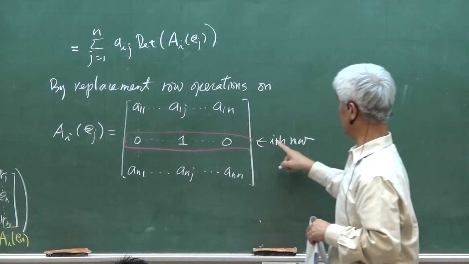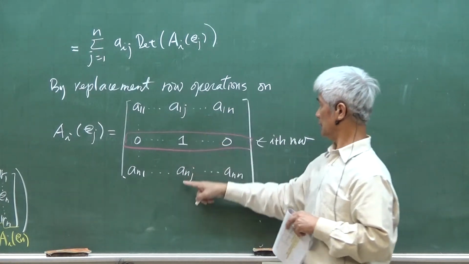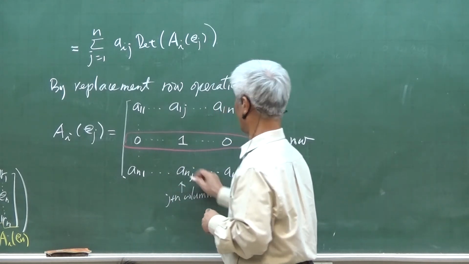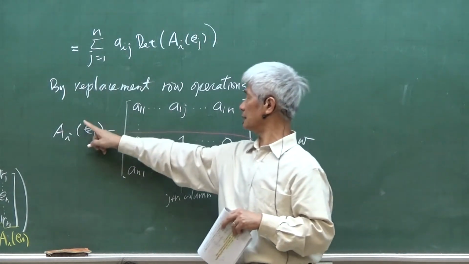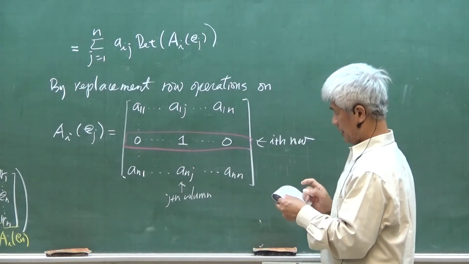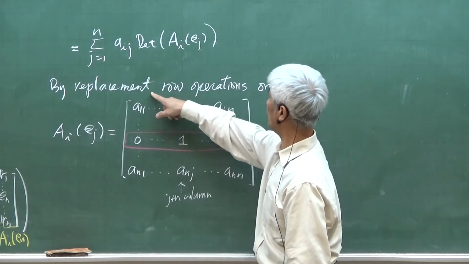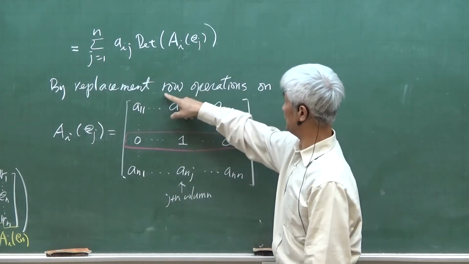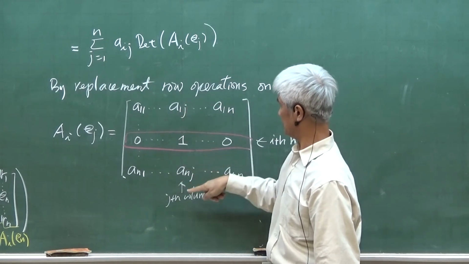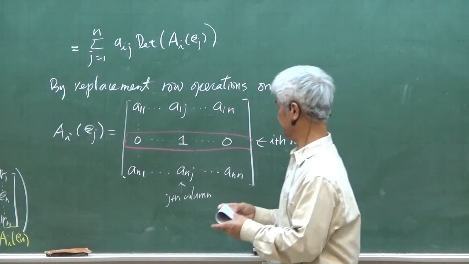The ith row of A is replaced with e_j, and here is the jth column. So A_i(e_j) is this matrix. Now we can do the row operation. How to do that? The replace row is used to cancel all the other entries in the jth column, right?